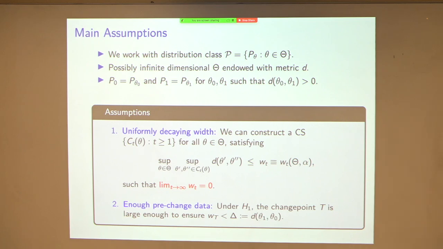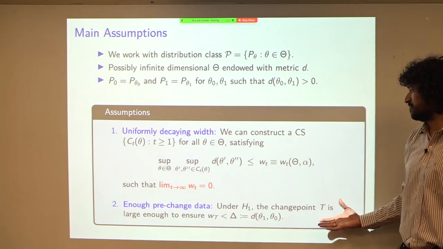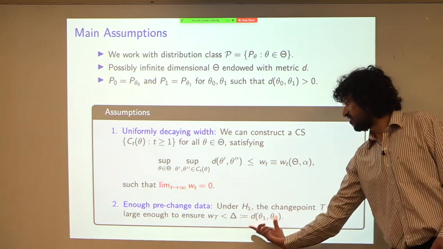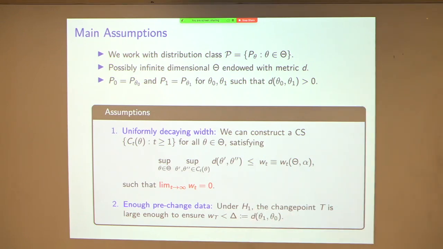Suppose the Gaussian mean is changing from minus 100 to plus 5 billion, then I need only 2 data points at the start which are around minus 500, and then it changes to plus 5 billion, it's totally fine. But if it changes from minus 1 to minus 1.1, maybe I need a few hundred data points before the change. So the number of points I need before the change occurs depends on how large that change is. So that's also a necessary condition in some sense.